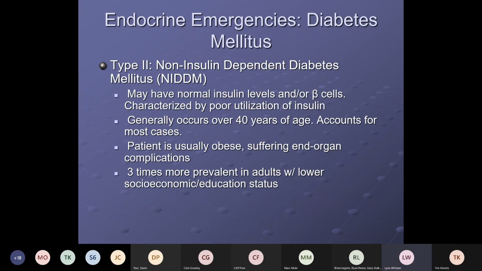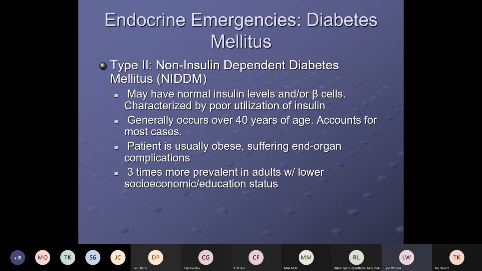Now, with type 2 diabetes, they may have normal insulin levels and may have normal beta cells, but for a variety of reasons, they utilize their insulin poorly. The usual onset is over 40 years of age. Patients are usually obese or pre-obese. We look now at BMIs above 25, and that's concerning to us. When you get above a BMI of 30, you get to be called obese.